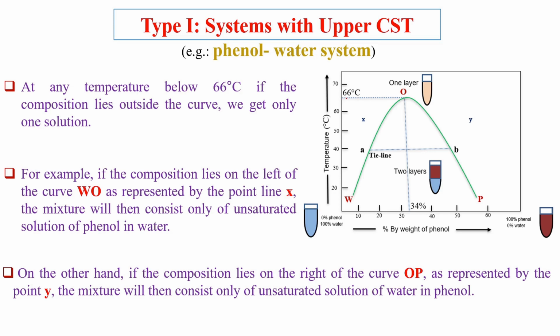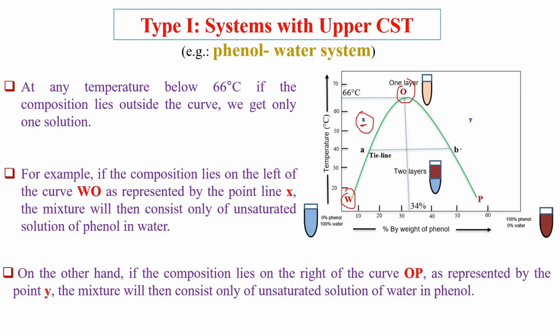At any temperature below 66 degrees centigrade, if the composition lies outside the curve, we get only one solution. For example, if the composition lies on the left of the curve WO, as represented by the point X, the mixture will then consist only of unsaturated solution of phenol in water. That is, the percentage of phenol is less when compared to water.